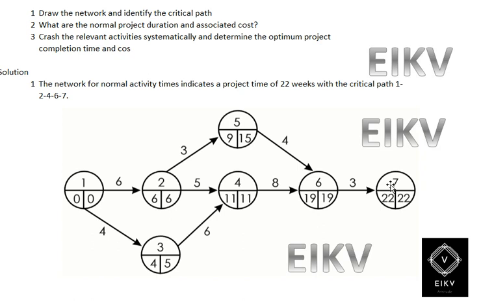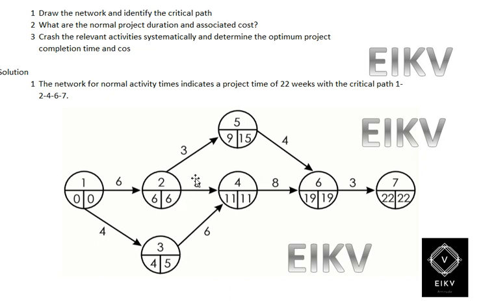So 22 minus 3, which gives you 19, and 19 minus 3 will give you 16. Over here we have 19, and 19 minus 4 will give you 15, right? Yes. So here we have 11. 19 minus 8 will give you 11. Then 11 minus 6 will give you 5, and 11 minus 5 will give you 6, right?